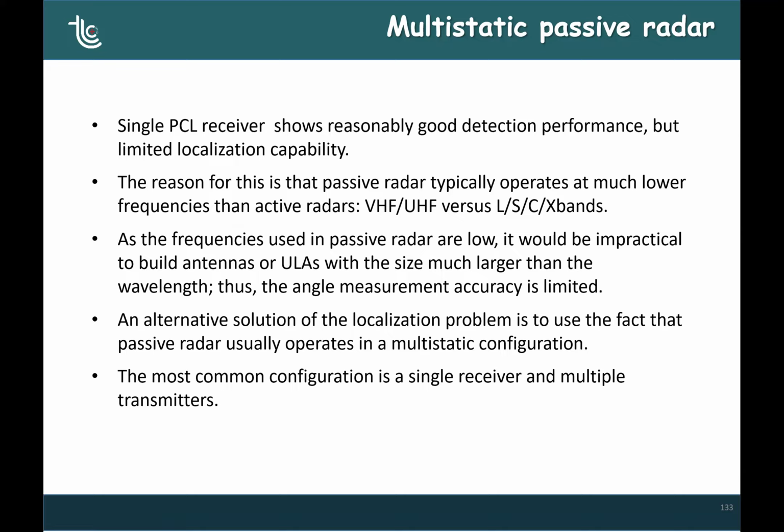When we go too low with the frequency, of course, we need very high dimensional arrays. And this is also the reason why in some situations we use a multi-static configuration, okay?